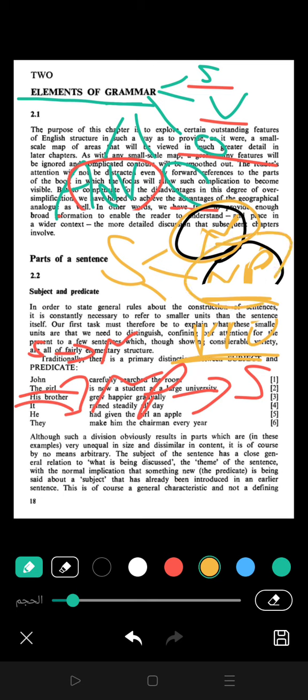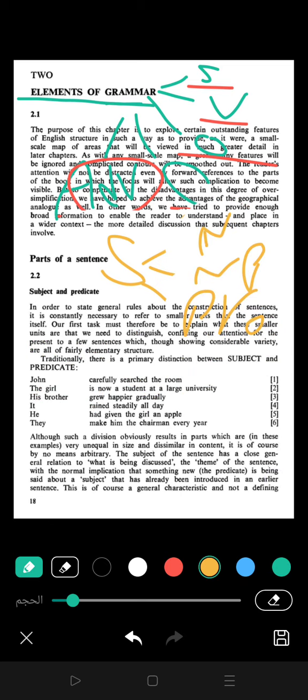And now we are going to move to the last part, the pronoun. The third one: the subject comes as a pronoun. For example, it, as you know, is a pronoun, يعني ضمير.